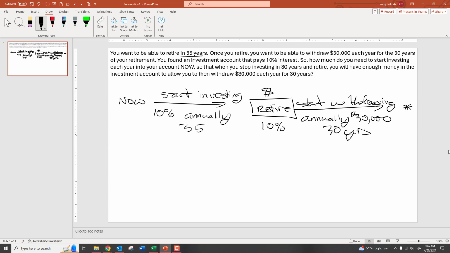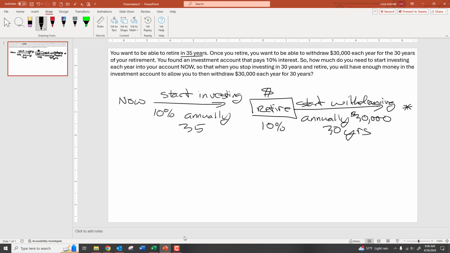So that should get you thinking about, okay, that's one of those sinking funds that we talked about. That's one of those reverse annuities where instead of paying money into my annuity, I'm taking money out on a regular basis. And the question is, how much do I need to start with to allow me to do this?